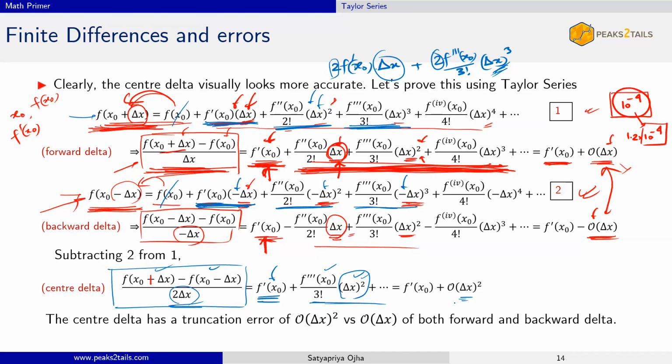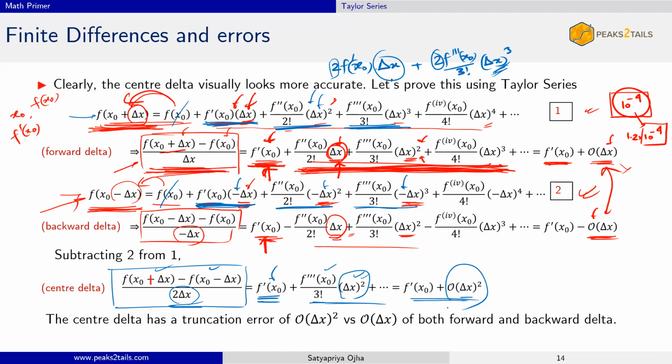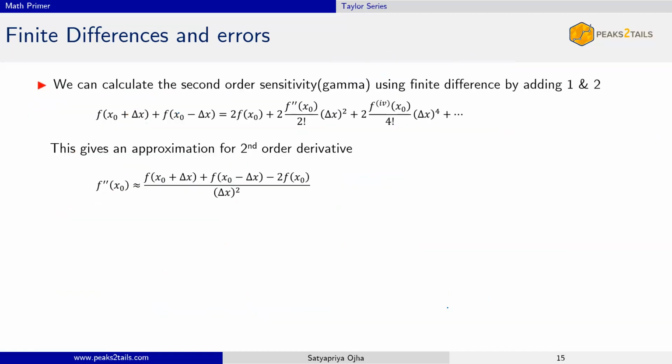So that's the reason why center delta provides a much better approximation, because the error is of the order delta x square. Okay. All right. We can do a quick example in Excel if you have time, or I'll leave it to you.